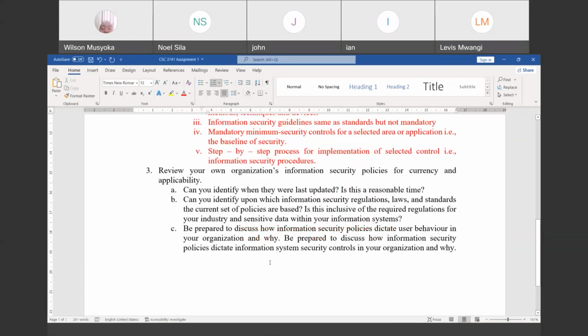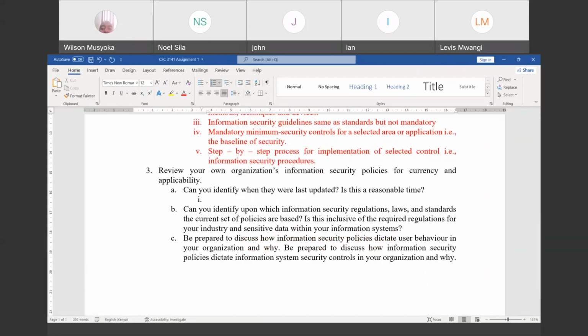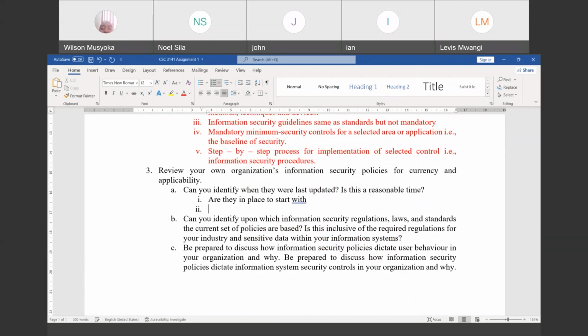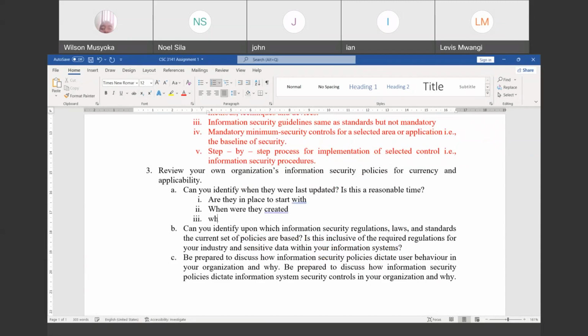Do you have those security policies in place? And when were they created? Once you have answered those three questions, you are good to go.